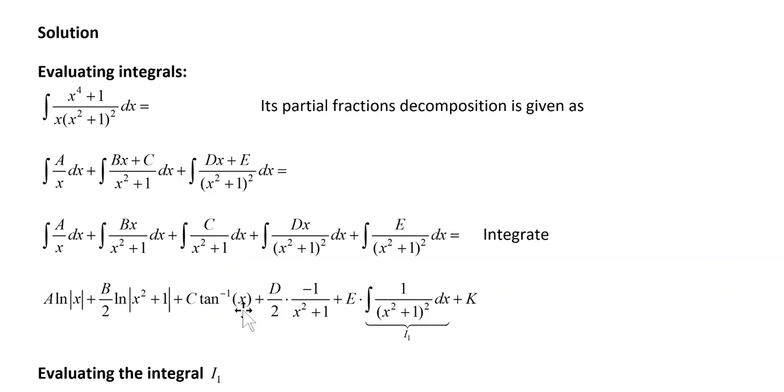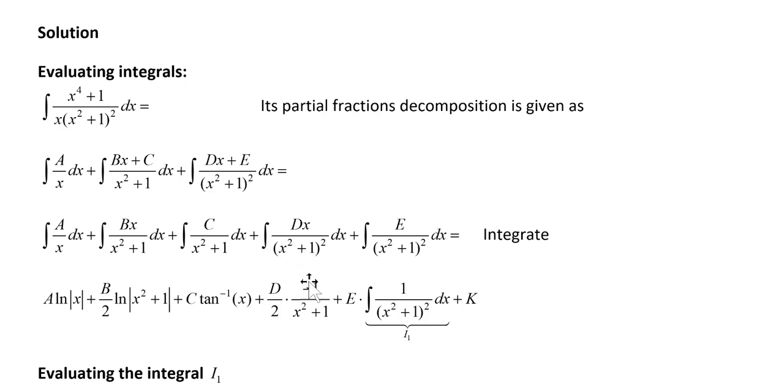Now we go to the next integral. D is a constant, so here we integrate x over x squared plus 1, all squared, which again is a u substitution because we have x in the numerator. So u is x squared plus 1.